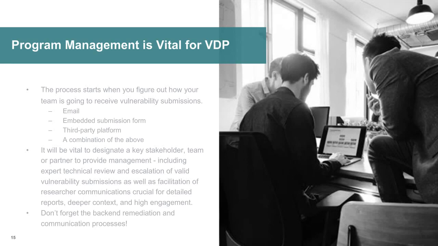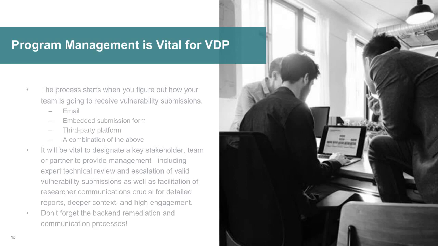We've talked a lot about the intake and how you respond to the researcher, but it's really vital to designate someone internally, a team or a partner, to provide some kind of management and filtering and expert technical review of these submissions so that they can move through to your development team or to the application owners very quickly.